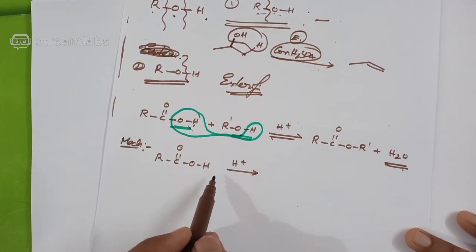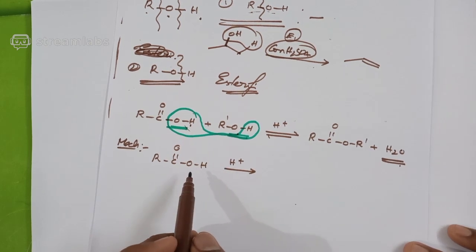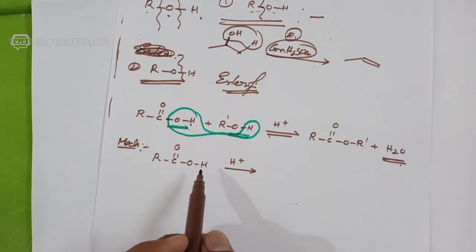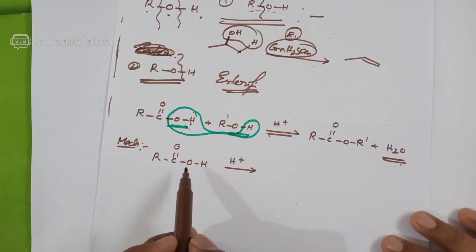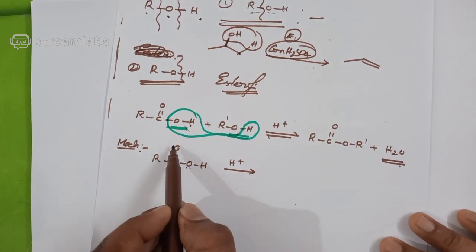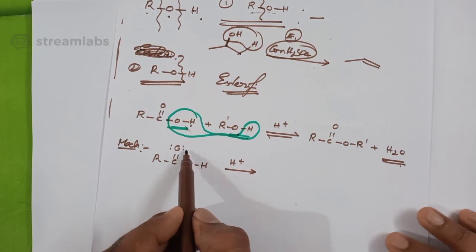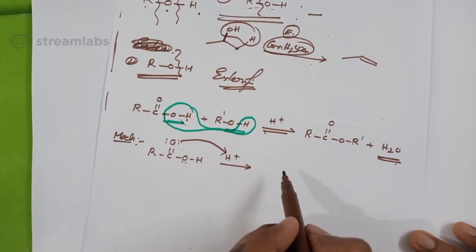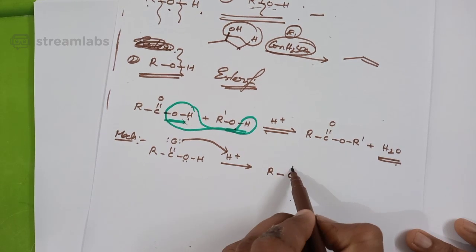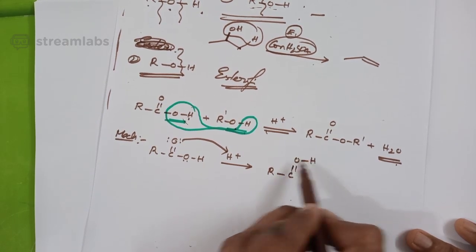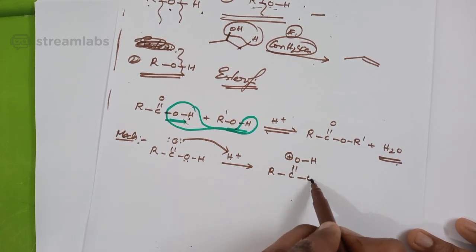First, if I take a carboxylic acid, I'll also explain why I took the carboxylic acid. See, here the oxygen having a lone pair is involved in resonance, but here the oxygen having a lone pair has no resonance. So this is a strong base center, so it donates electrons to the proton, and it forms RC double bond OH, and here plus, and here OH.